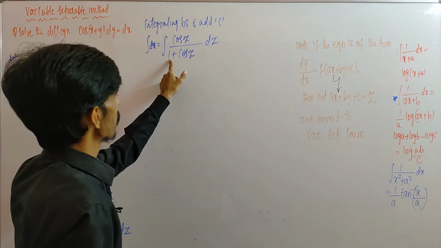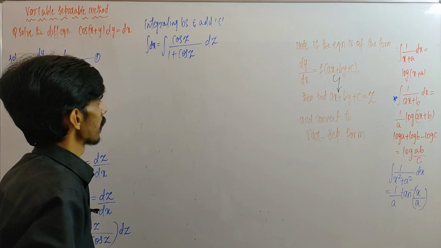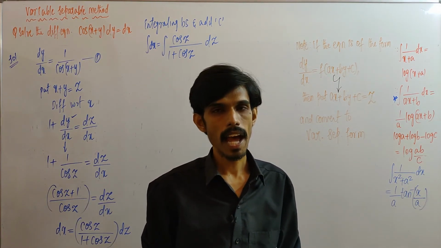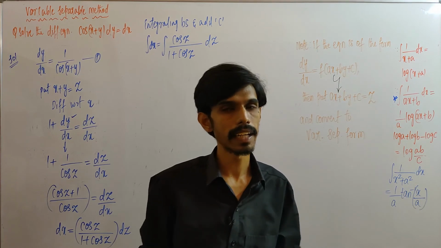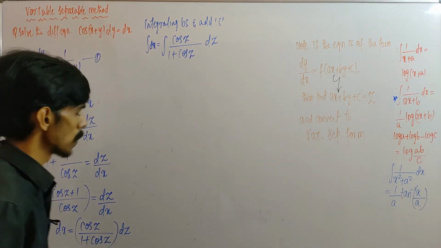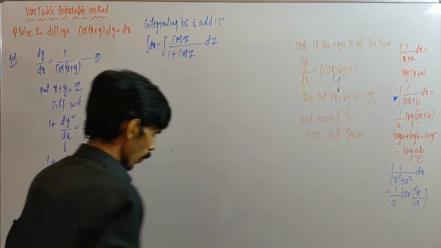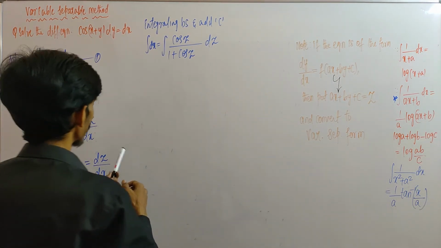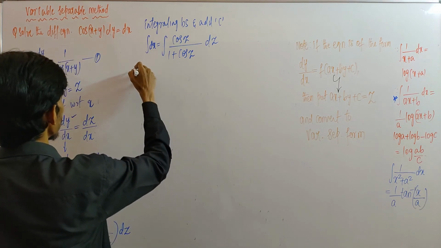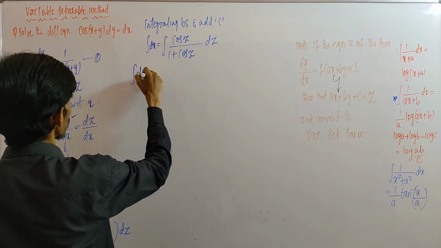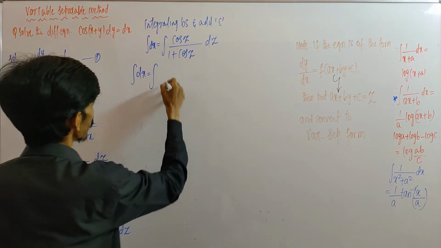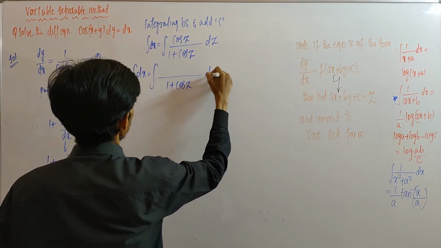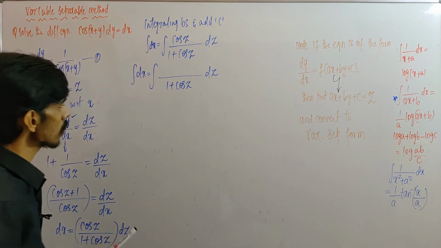Here we have cos z by 1 plus cos z. That is, both numerator and denominator have the same pattern, that is, the order and degree of both of them are the same. So in such cases we add or subtract 1. So here we have integration dx is equal to integration, write down 1 plus cos z dz as it is.